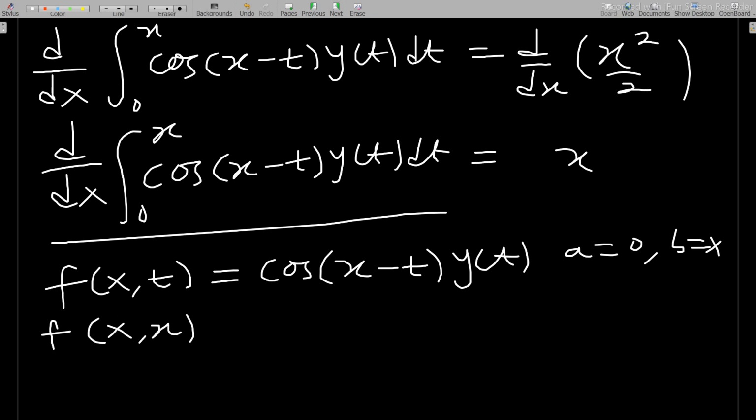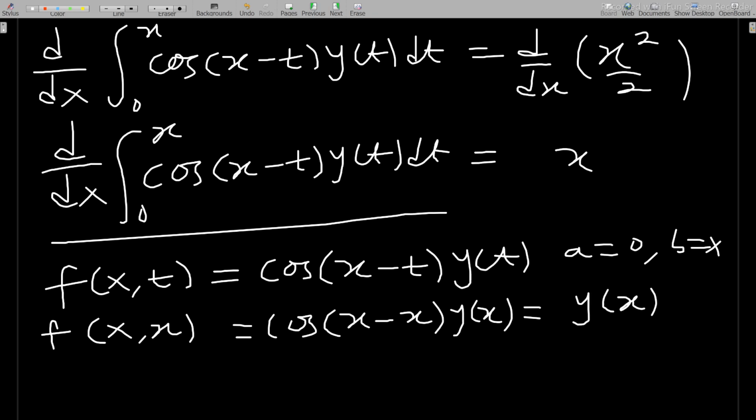So f of x, x will give me cos of (x minus x), because we said that wherever you see t, you put in x, okay? That is why this changed, okay? So the t aspect is the one that will be affected, okay? And y of x, and this will definitely give me cos of 0. Cos of 0 is 1, so I'll have to get y of x, okay?